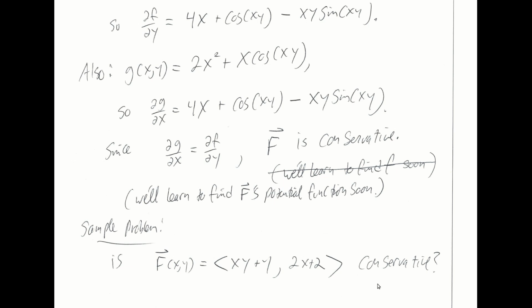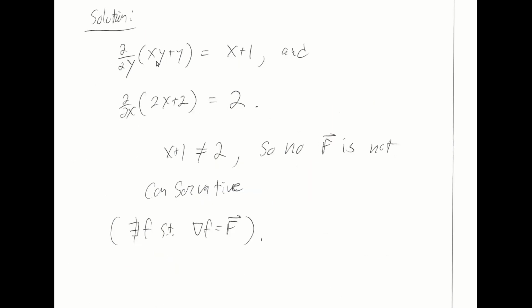Alright, so let's have a look. If I take the first component function and take its partial with respect to y, I'm going to get x plus 1. I then take my second component function and take its partial with respect to x, and I get just 2. These are not equal, so the partial of the first component function with respect to the second variable is not the same as the partial of the second component function with respect to the first variable.